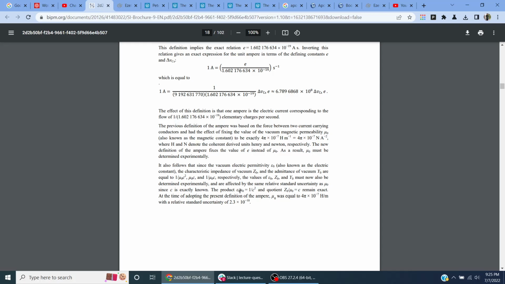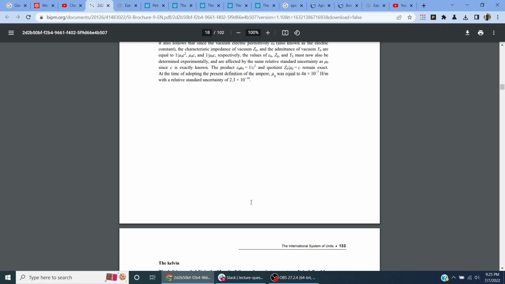The product epsilon sub 0 mu sub 0 equals 1 divided by c squared, and the quotient Z sub 0 divided by mu sub 0 equals c, which remain exact. At the time of adopting the present definition of the ampere, mu sub 0 was equal to 4 pi times 10 to the minus 7 henrys per meter with a relative standard uncertainty of 2.3 times 10 to the minus 10.